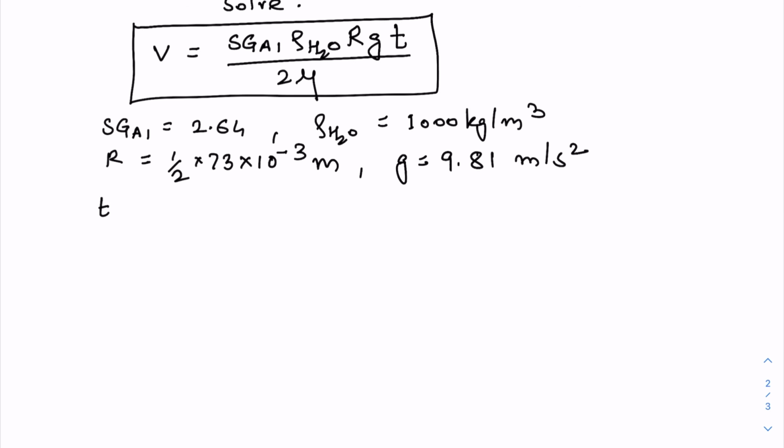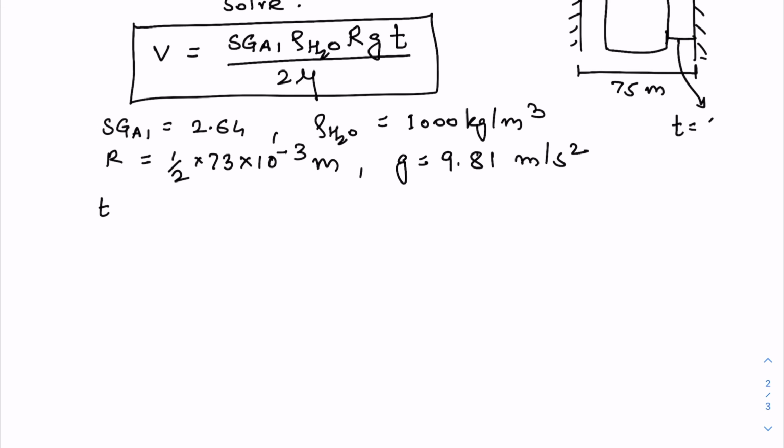The film thickness, again, if I sketch it again, the piston diameter is 73 mm, but the tube diameter is 75 mm. So this thickness t is nothing but 1 mm. So this is 10 power minus 3 meters.